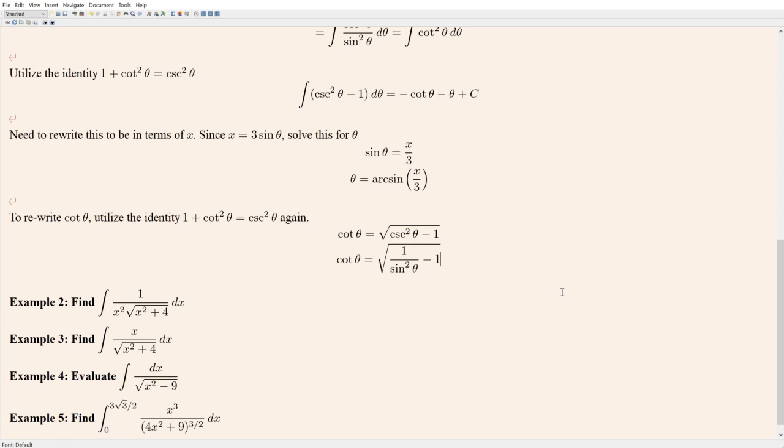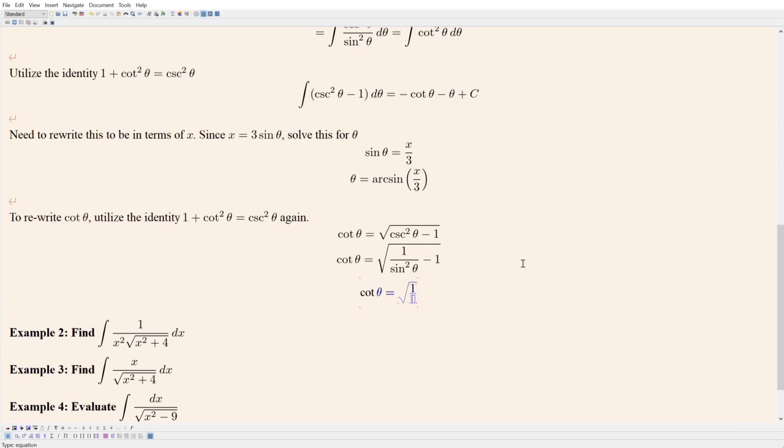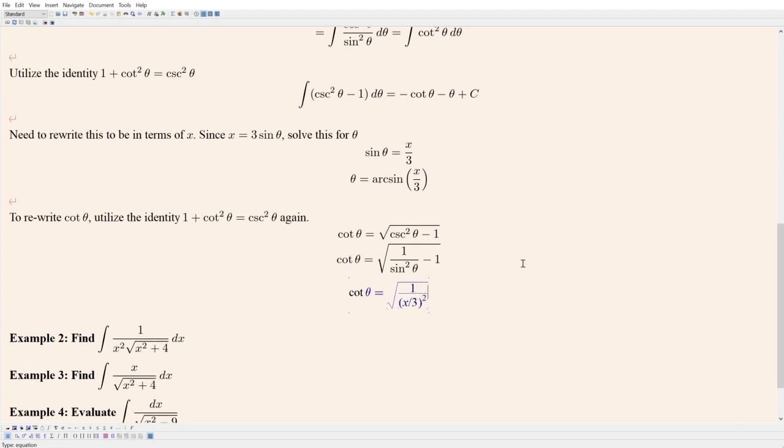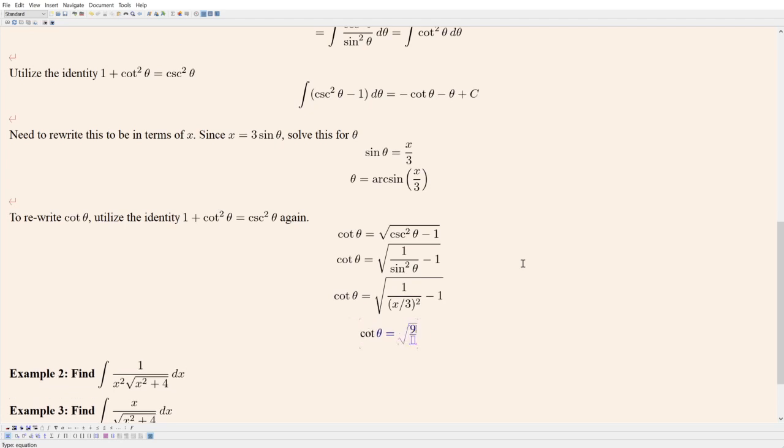That's how we introduced this parameter theta in the first place. So like so. And then we can clean that up a bit. So x over 3 squared is x squared over 9. So then we take the reciprocal of that. So 9 over x squared minus 1.